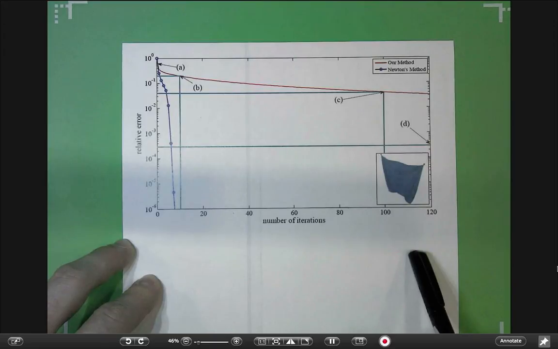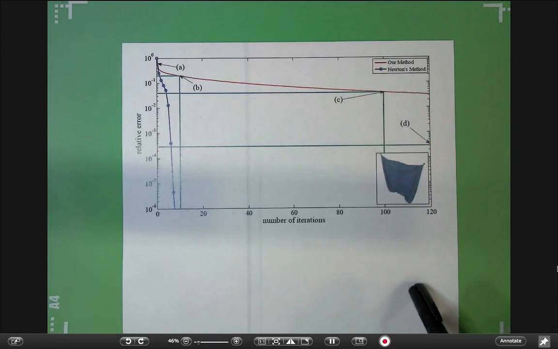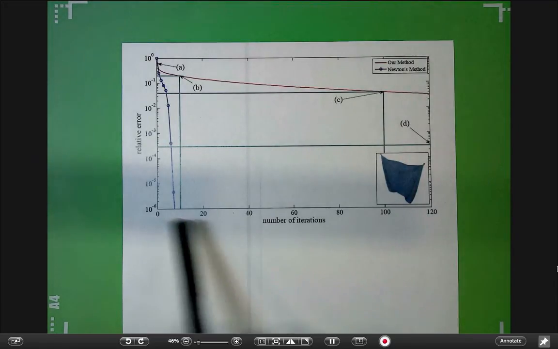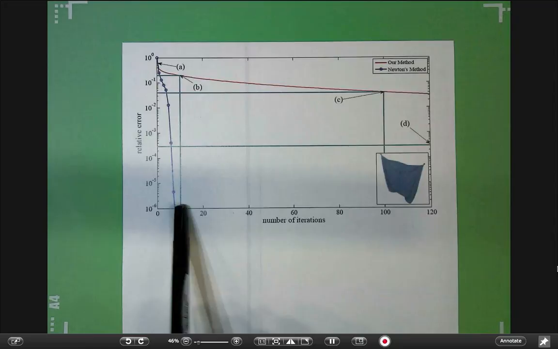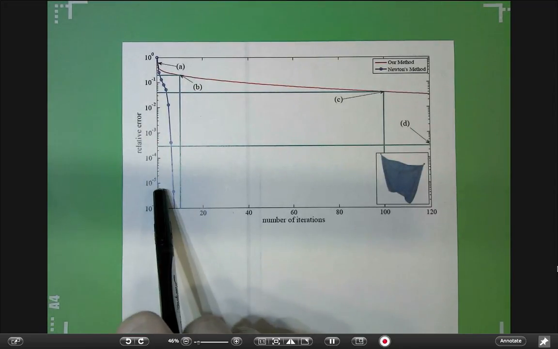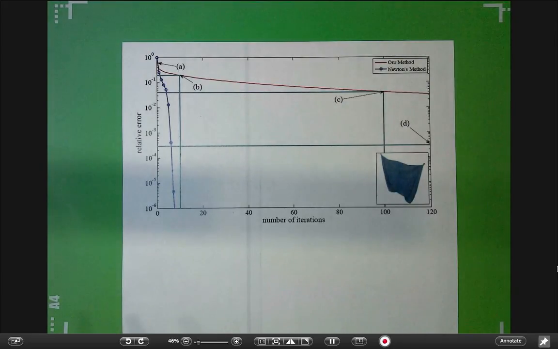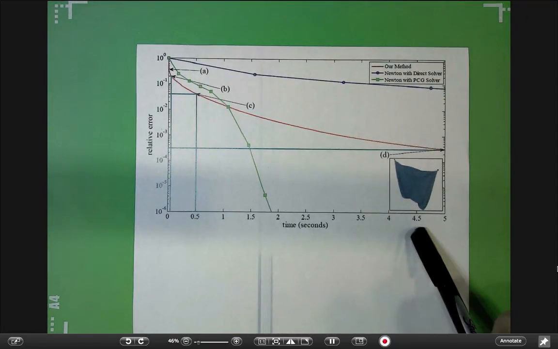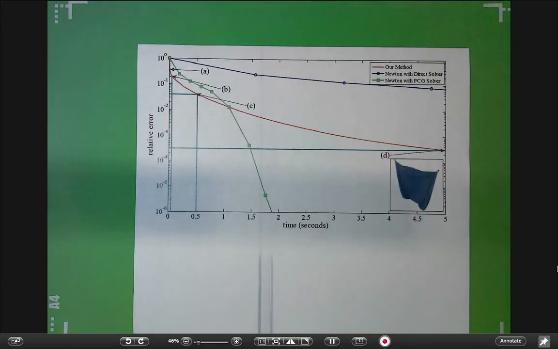But mind you, every iteration of Newton's method is much slower than a single iteration of our method. It's because every step in Newton's method requires us to solve a different linear system. We cannot pre-compute anything there. So if we look at the same graph where on the x-axis is time instead of number of iterations, all of a sudden it changes quite a bit.